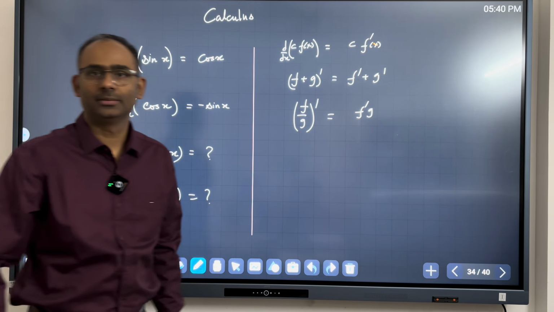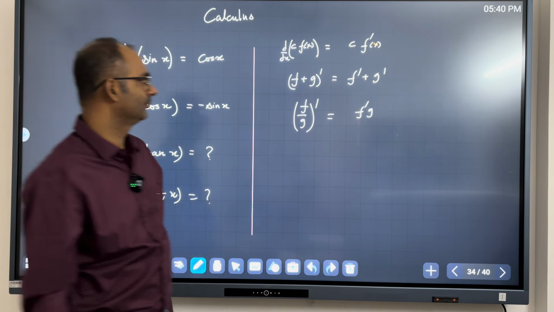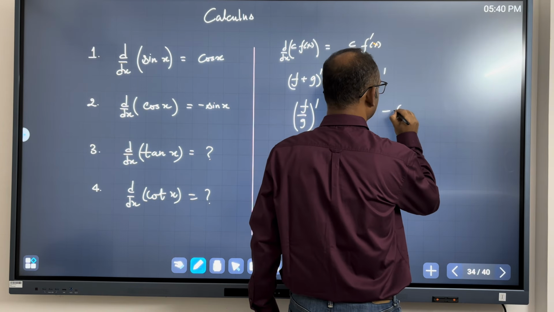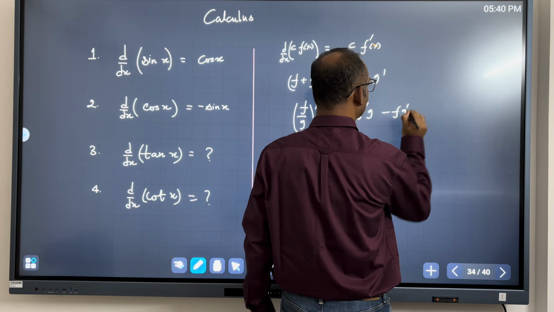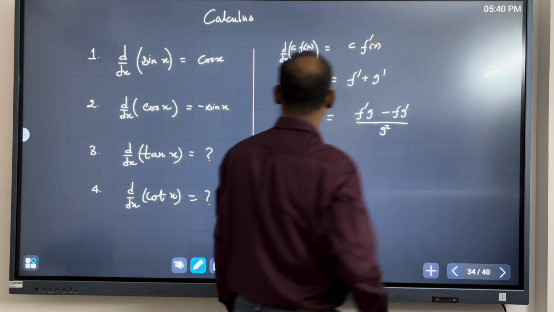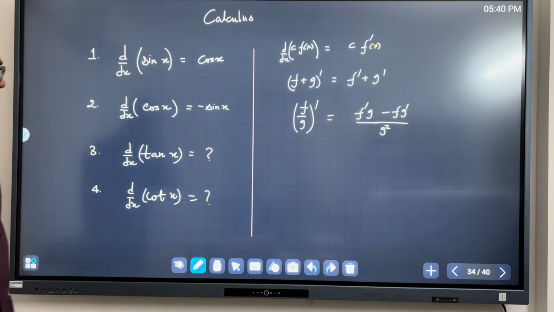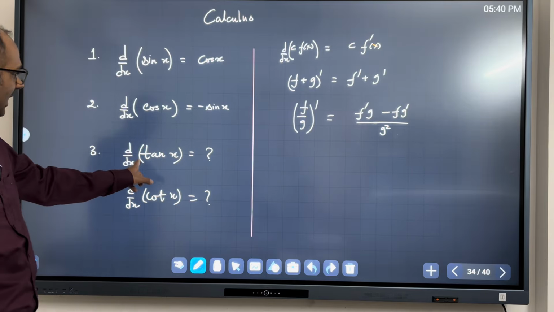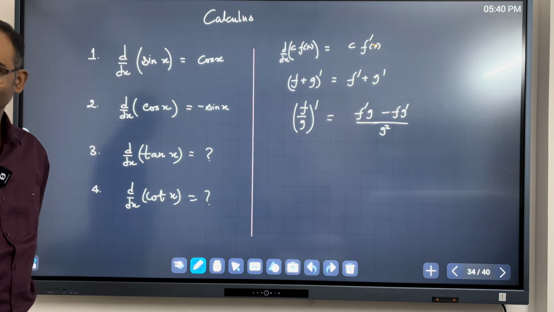No, it's minus f g prime, over g square. So I'll use this last one to derive the derivative of tan x.